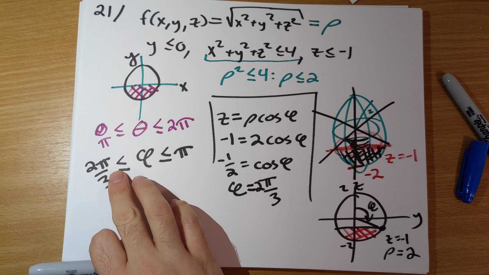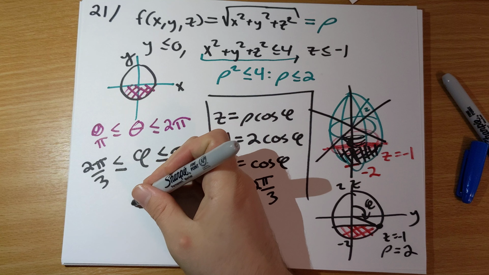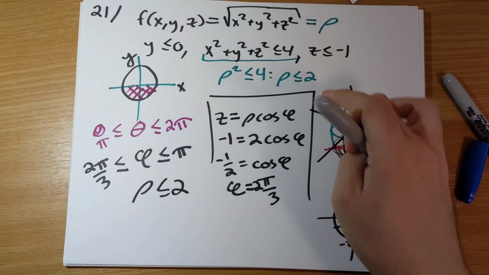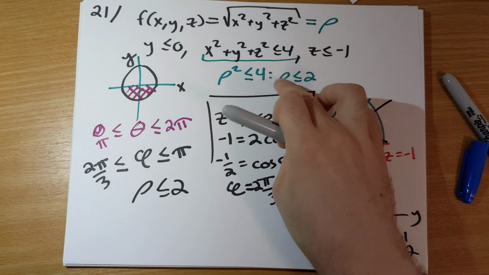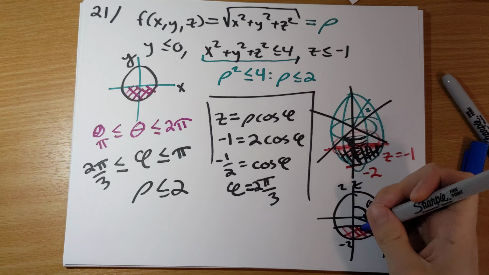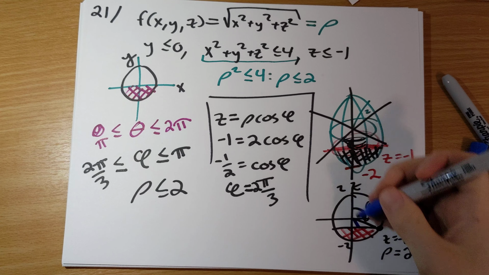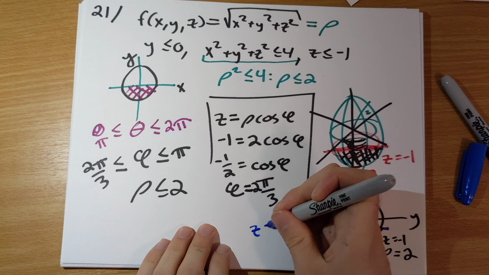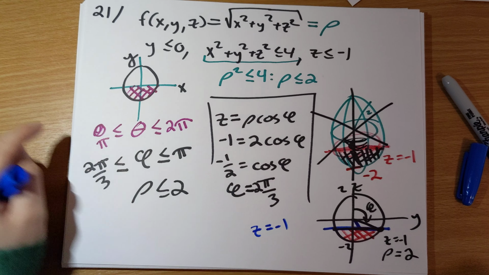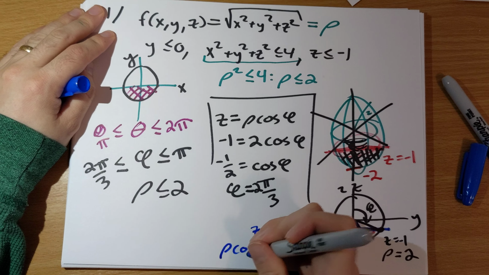Okay, so we've got bounds here on theta and phi. We have an upper bound here on rho. The biggest rho can be here is 2. Well, what's the smallest rho can be? The smallest rho can be corresponds to this line right here, z equal to -1, but z is rho cosine phi, which is equal to -1.